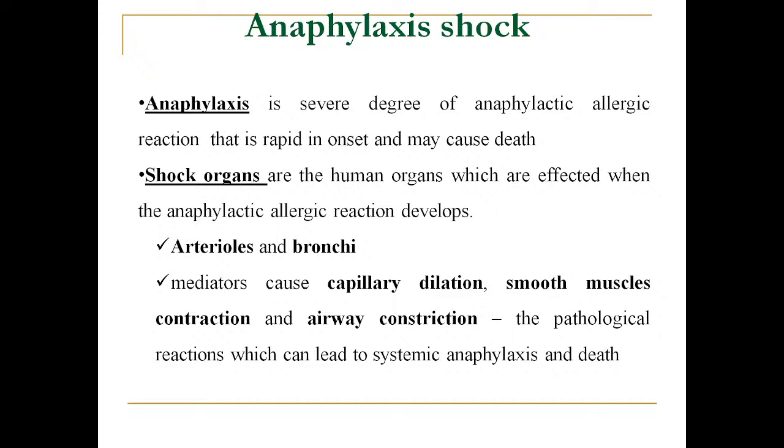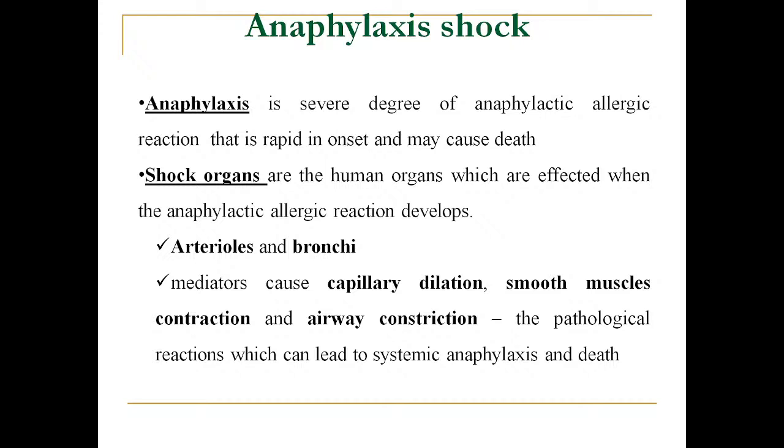Anaphylaxis is the severe degree of anaphylactic allergic reaction that is rapid in onset and may cause death of the patient. And the mediators affect shock organs. What are these organs? These are the human organs which are affected when the anaphylactic allergic reaction develops.